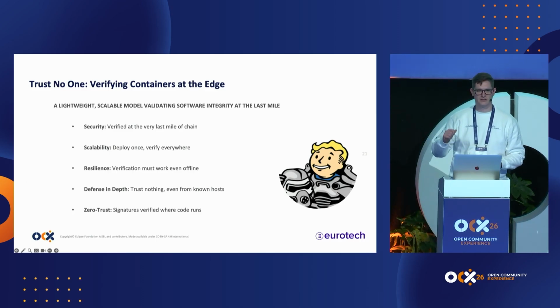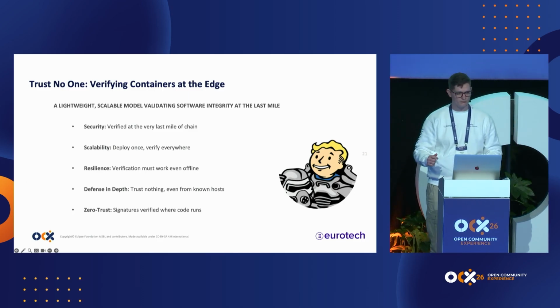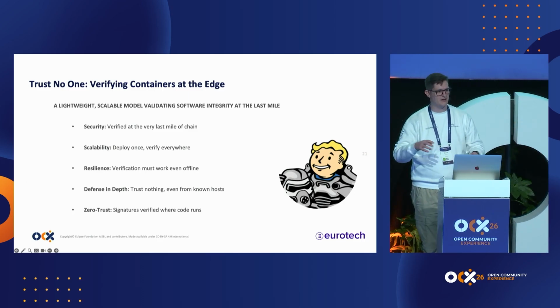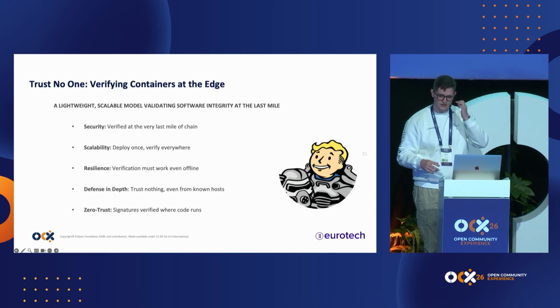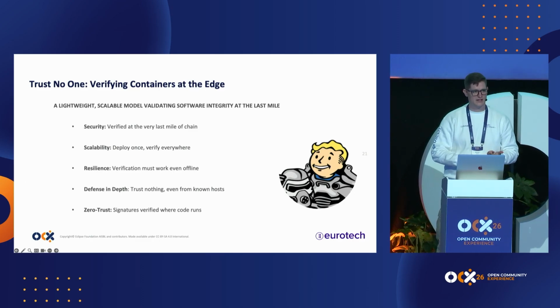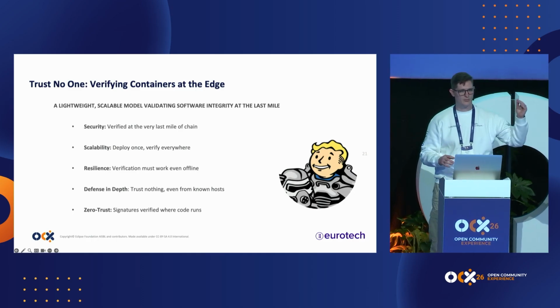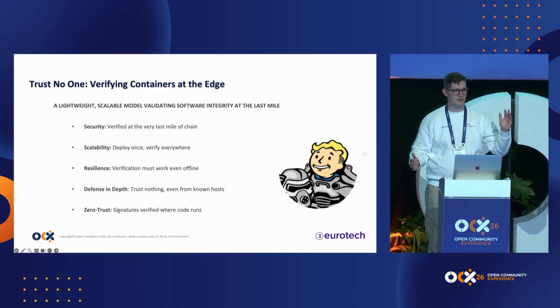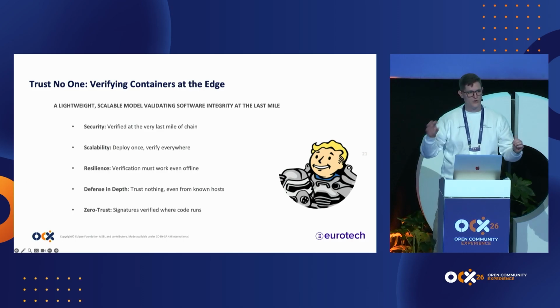We think that verification at the very end of the chain is the best because we can deploy once and have different devices check the security on their own. Scalability, exactly, because we want to work from the cloud, and zero trust by design. If we don't trust anyone between the deploy and the execution of the code, we are sure that when we do the check at the very last mile, no one is inside the chain.